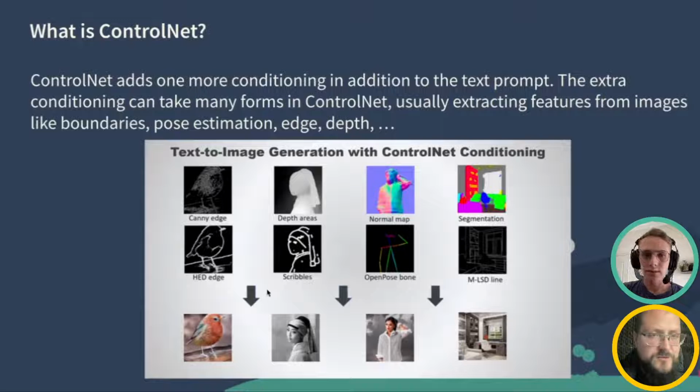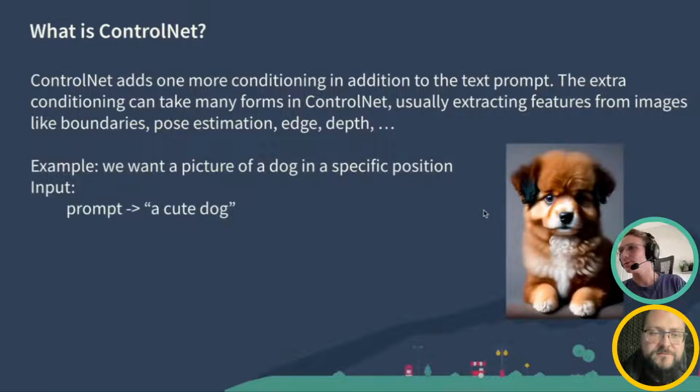So summarizing, you can use contours, depth maps, like a grayscale image used as a depth map to make a realistic image, and segmentation to put different things in different positions, exactly into those positions, right? Yeah, that's right.